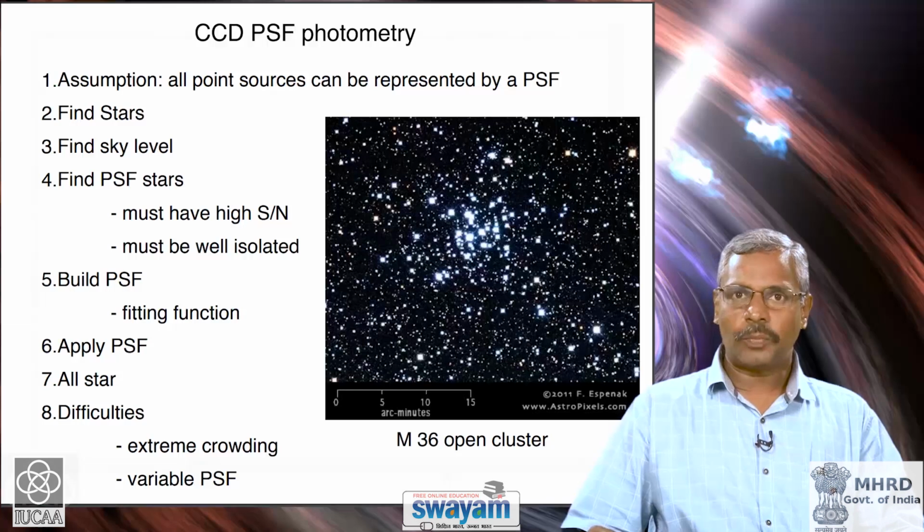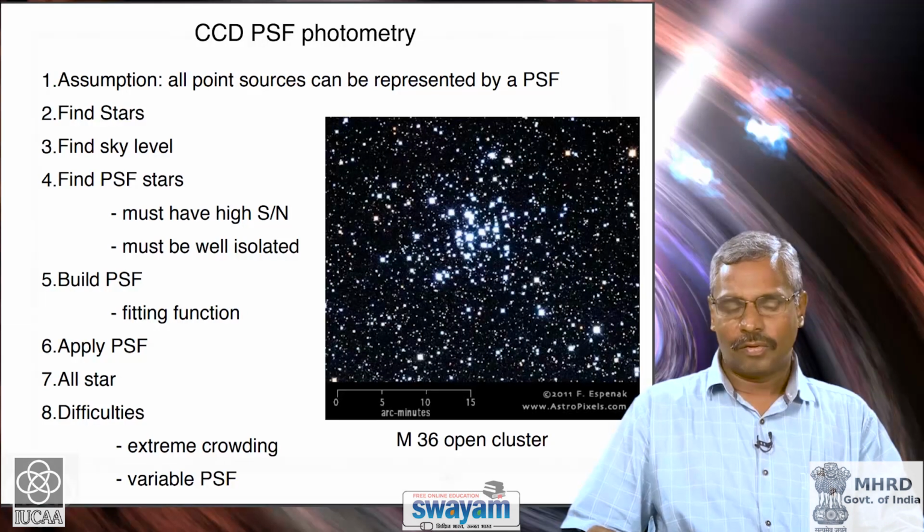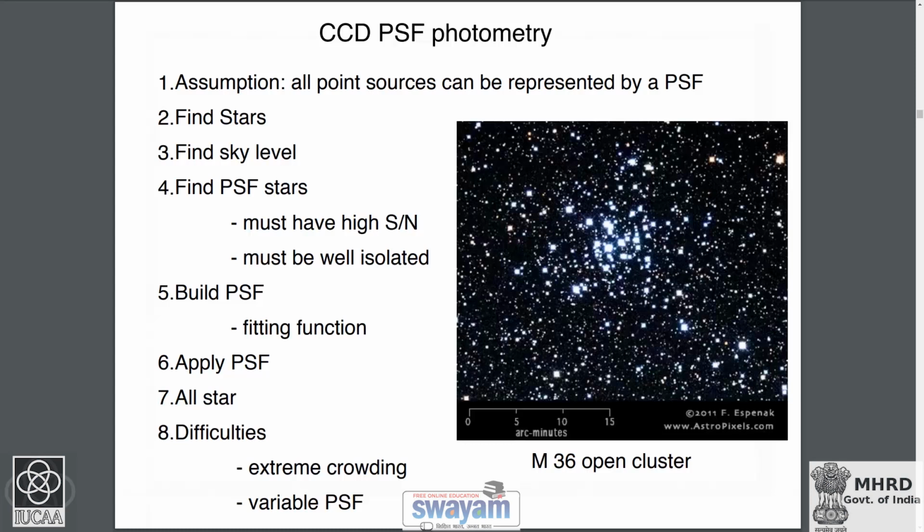This kind of photometry, normally called aperture photometry, works for sources where the field is not crowded. If the field is crowded, we will not be able to accurately determine the sky, nor do proper photometry on the stars of interest.